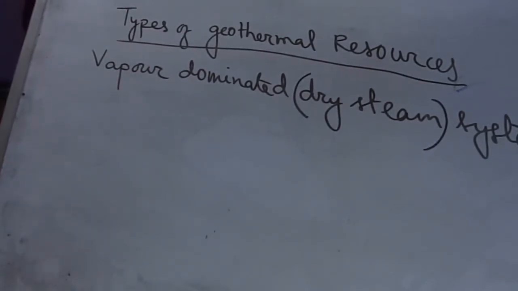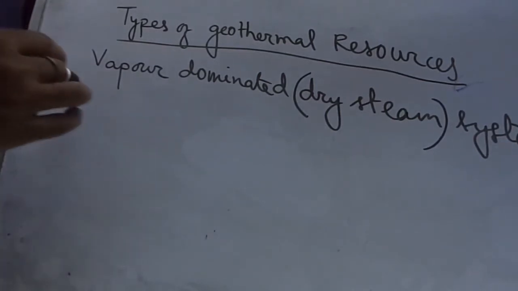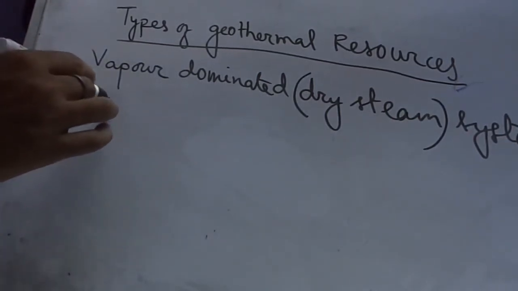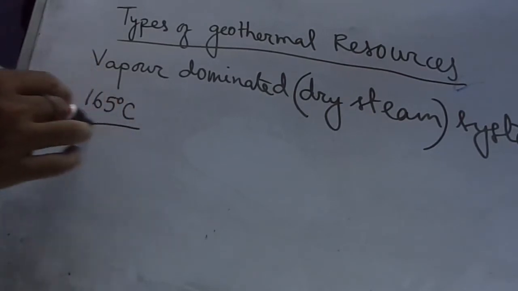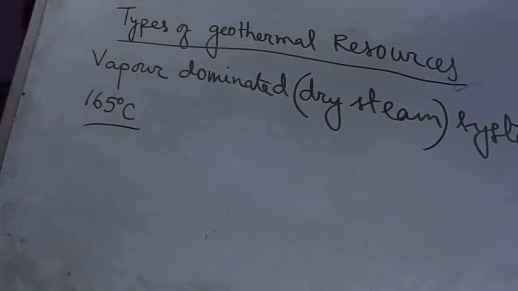field occurs when the pressure is not much above atmospheric pressure and the temperature is high. Water boils underground and generates steam at a temperature of about 165 degrees centigrade, very high temperature, and a pressure of about 7 atm.